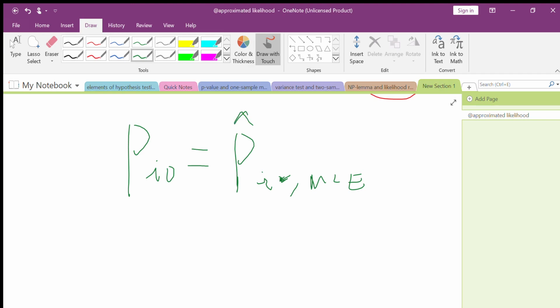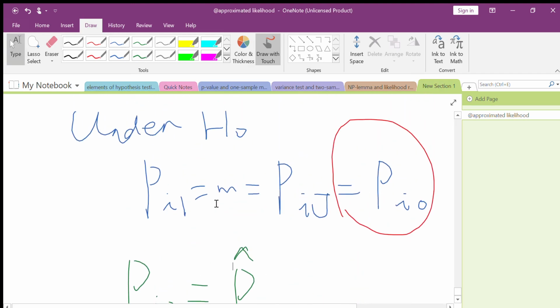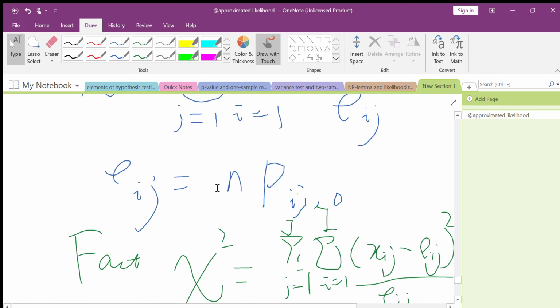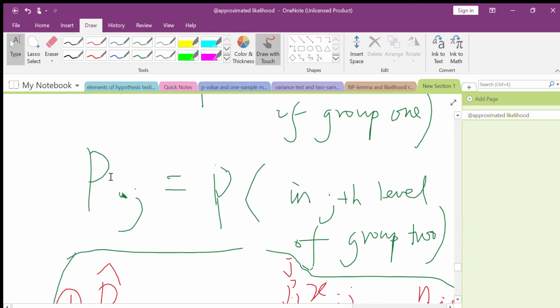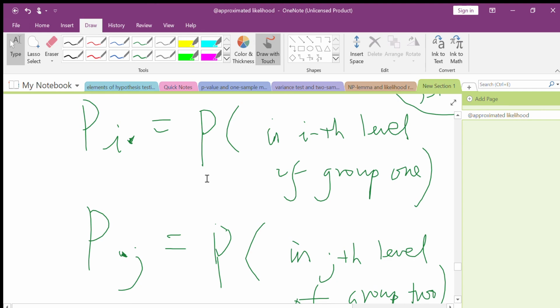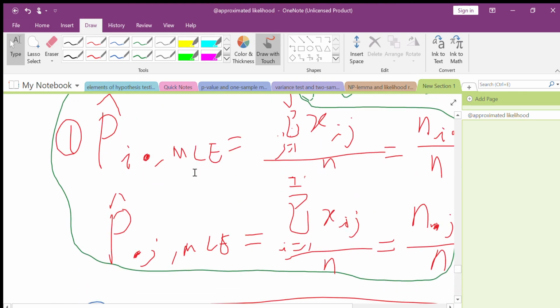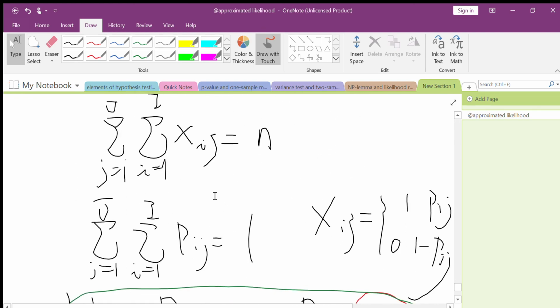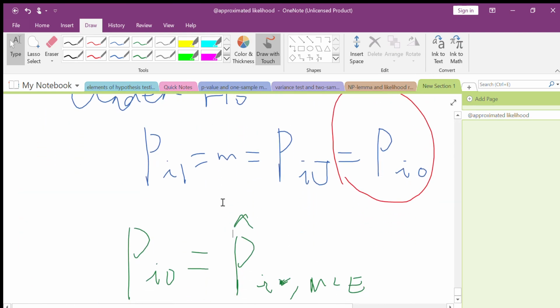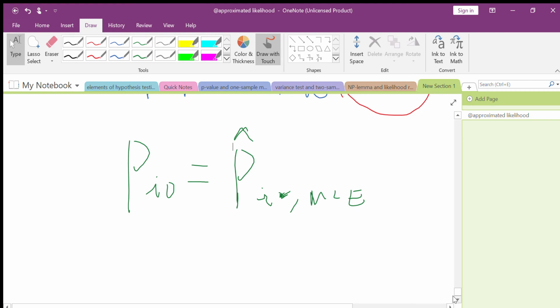Let's review what Pi dot is. Pi dot is the probability of the ith level of group 1. We have done this in the previous application, the second application, so there's nothing new; we just write it down and repeat it.